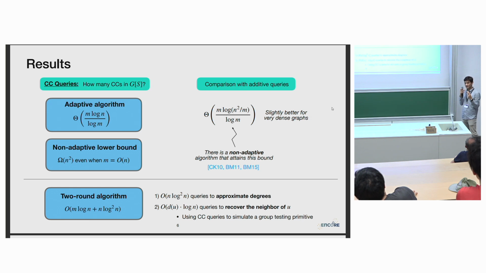You can show that this type of query can be simulated by making a small number of connected component queries. Actually, 2 connected component queries will simulate this. So that's a pretty nice connection that we could exploit to get this 2-round algorithm.